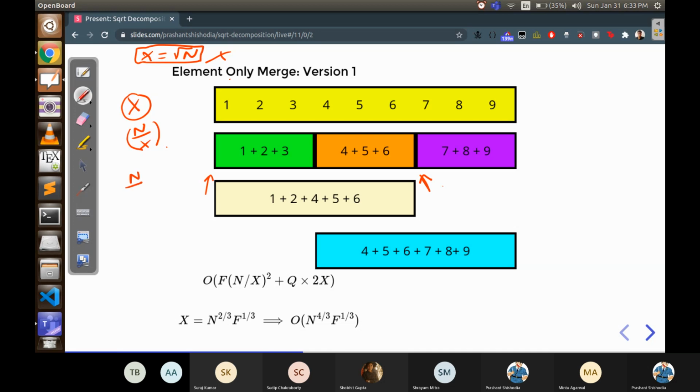So that will take (n/x)^2 times f, if the answer I am calculating takes f time. Suppose I am so powerful that I can even store O(n) memory for each block. There are (n/x)^2 pairs of blocks whose sum I am already calculating, and for each of them I am storing O(n) memory. Say for now f is O(n).